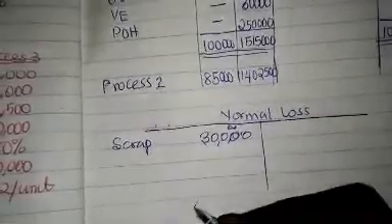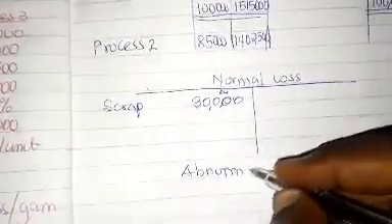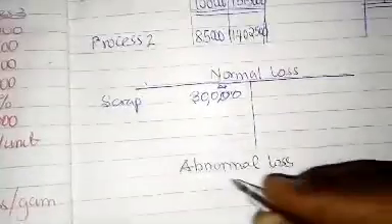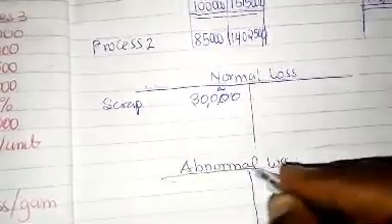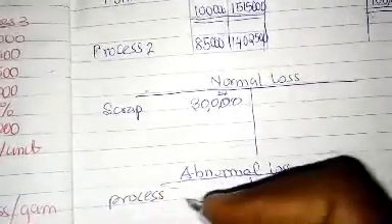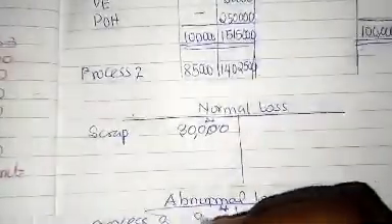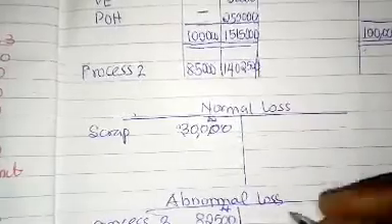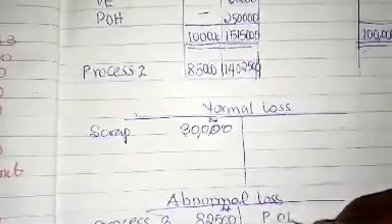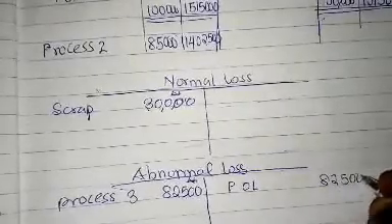The abnormal loss account will also be debited with process 3, which is 82,500. Then you close it to the P or L account, 82,500.